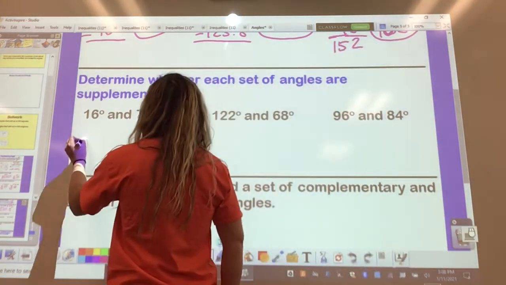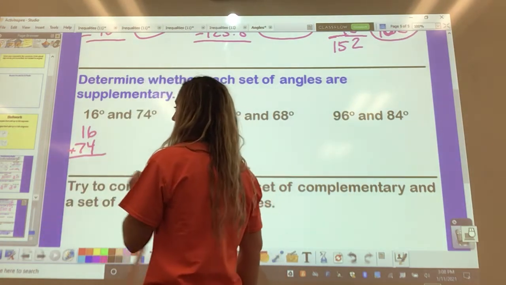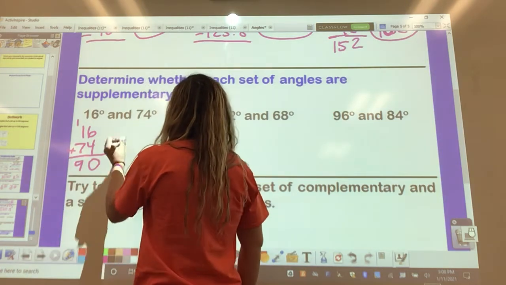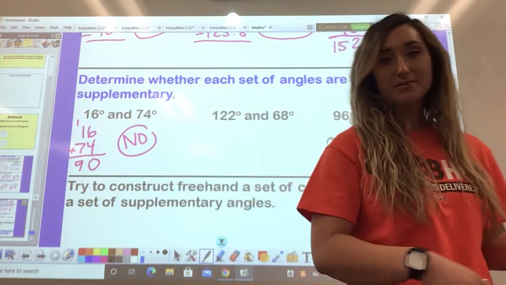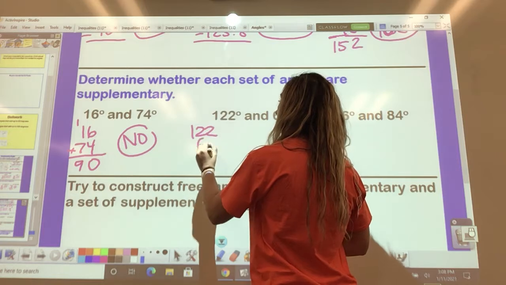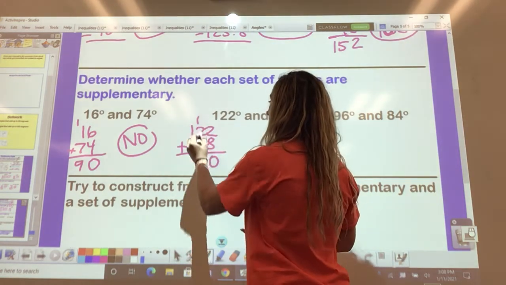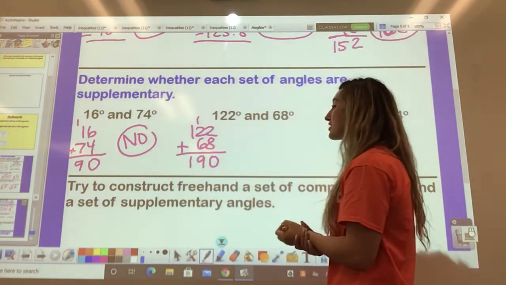So if I add 16 and 74, do those add up to 180? No, those add up to 90. Those are complementary, not supplementary. 122 and 68, those add up to 190 degrees.